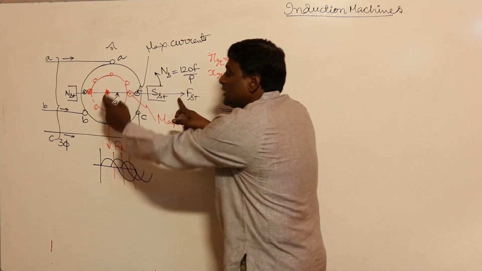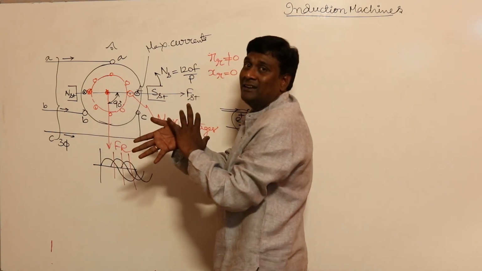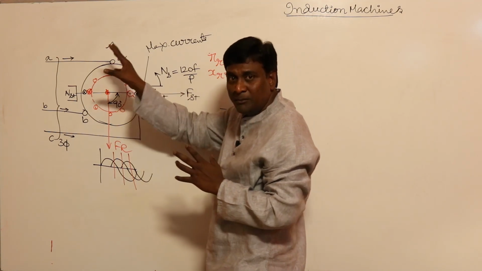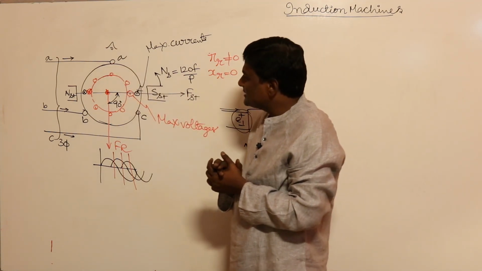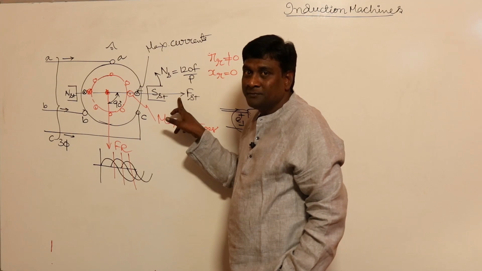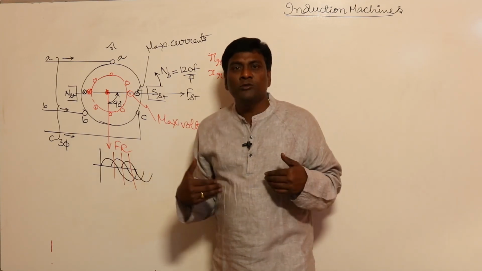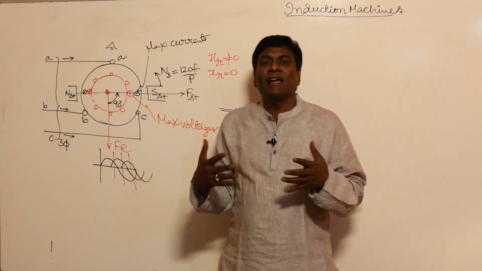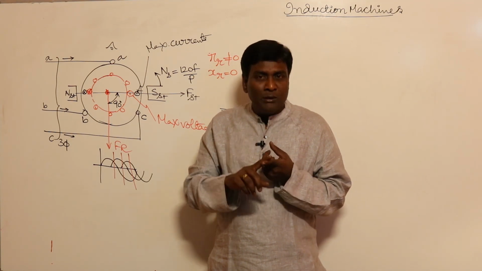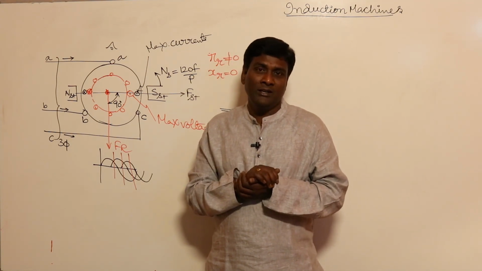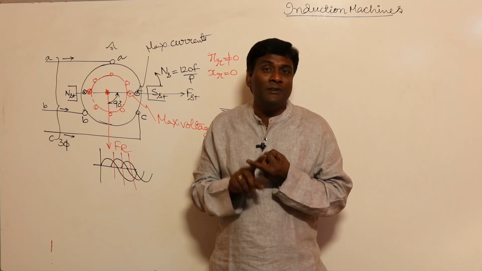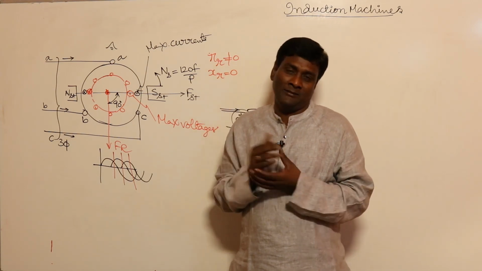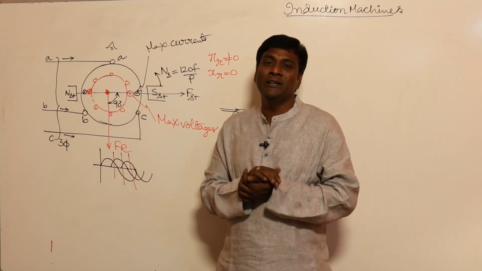Even when load is there, this particular flux will be automatically killed from the stator side by taking extra compensating currents, such that my resultant is going to be this only. So even now I am saying the torque angle is nothing but rotor MMF to resultant MMF. But where is the resultant MMF? Resultant MMF is nothing but stator only, because rotor MMF is going to be killed.